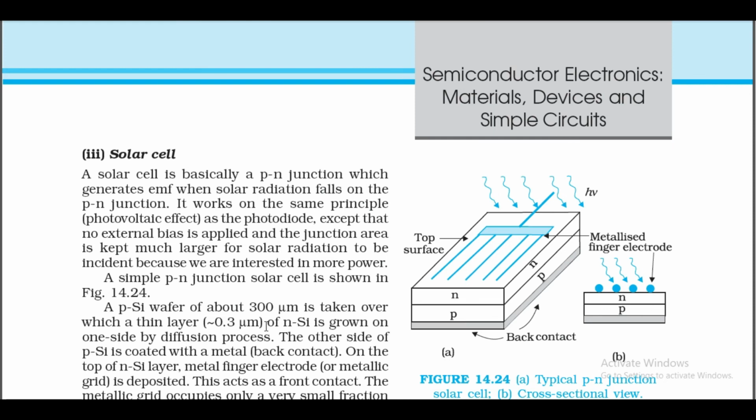A p-Si wafer of about 300 μm is taken, over which a thin layer of about 0.3 μm of n-Si is grown on one side by the diffusion process. The other side of p-Si is coated with a metal, the back contact.